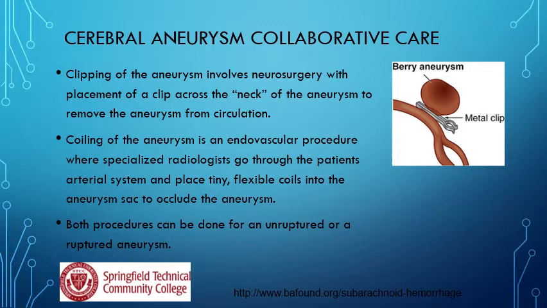That's always the goal of treatment with a cerebral aneurysm. You want to remove that from circulation because you're worried that your patient could re-bleed if that aneurysm became open again.